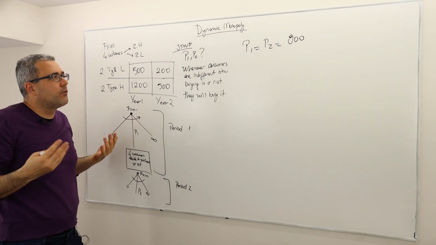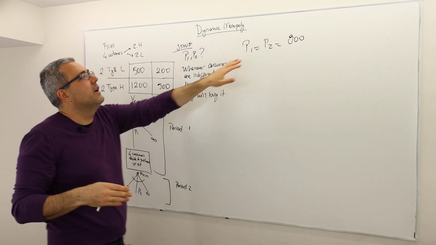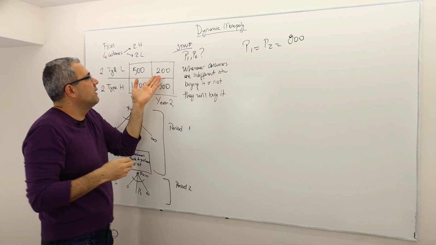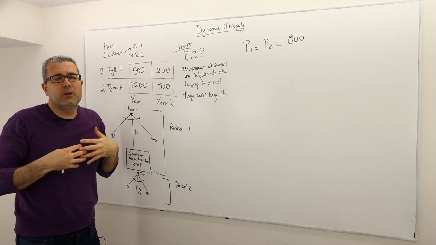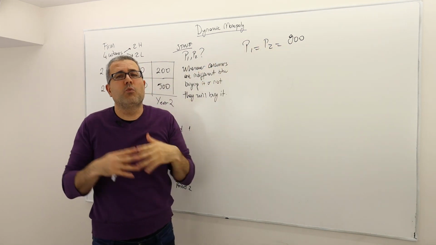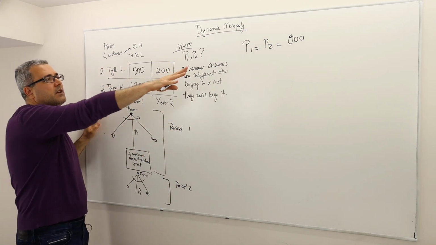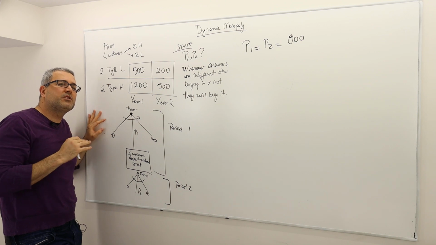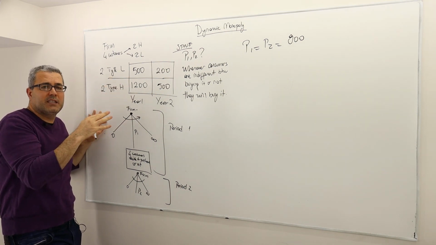So at this price, I'm not going to buy it this period. In the next period, once period one is over, my benefit of owning this cell phone is $200, so at that price I will not buy it at all. So if these are the prices, the optimal strategy for the low types is not to buy this cell phone at all.